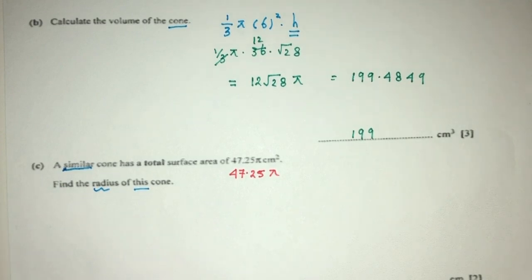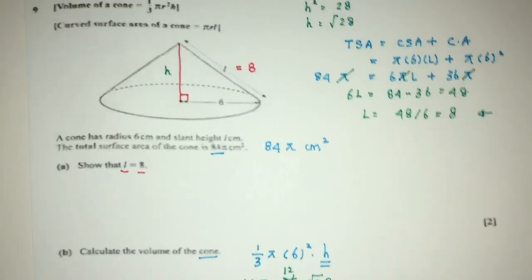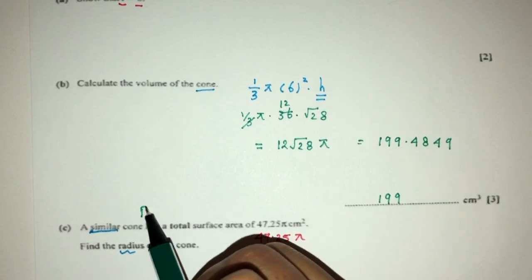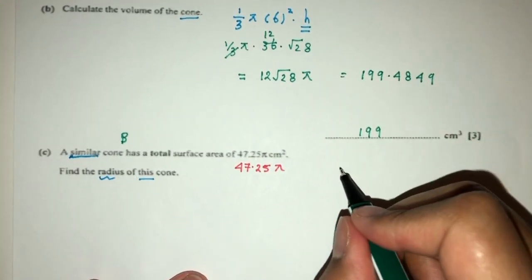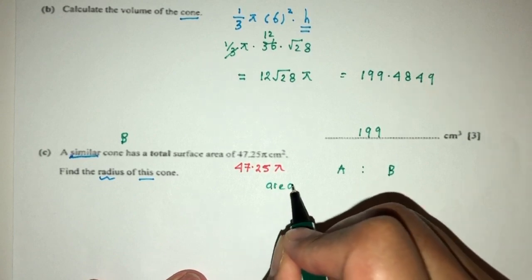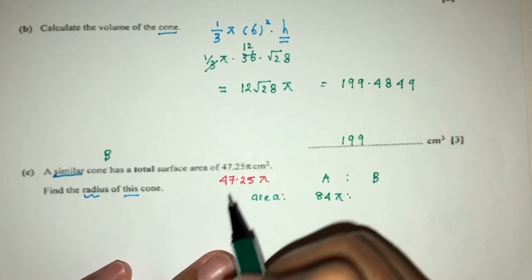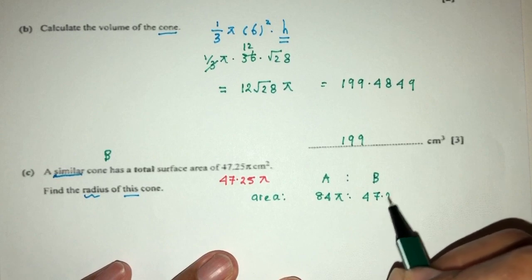So pretty easy. We have to first compare the areas. So let's call this the cone A and this one cone B. Why not? The ratio for the area, as we can see here, A was given to you by 84 pi, and B was given to you by 47.25 pi.